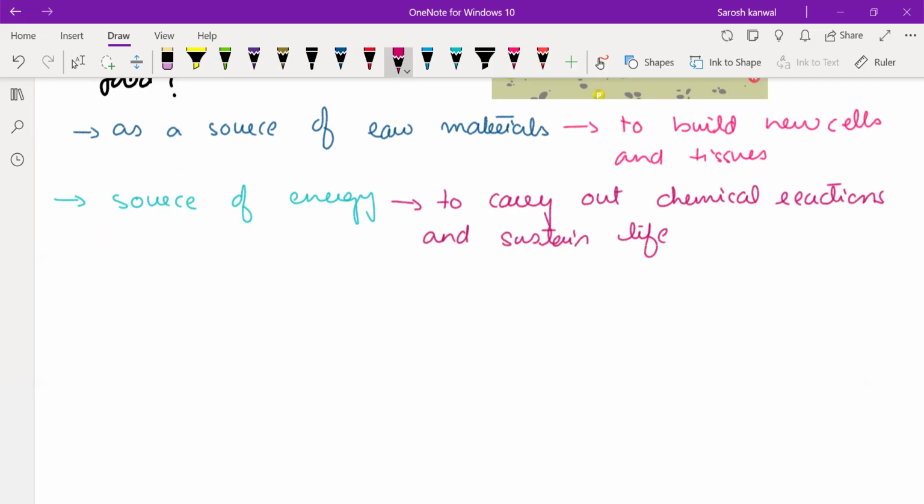Right? So we know that food is an excellent source that provides the energy that helps in metabolic reactions.